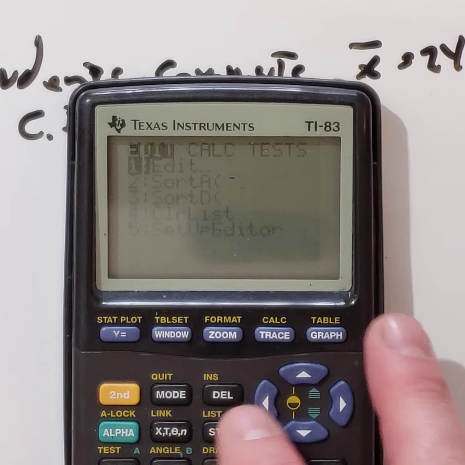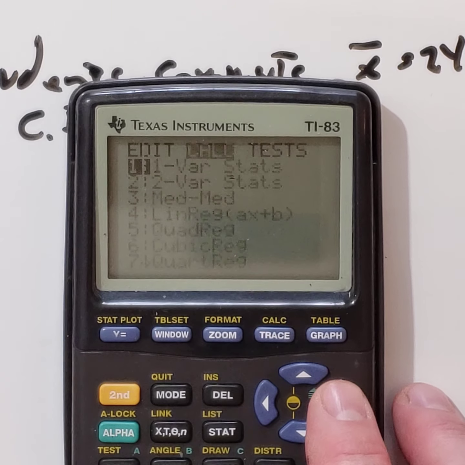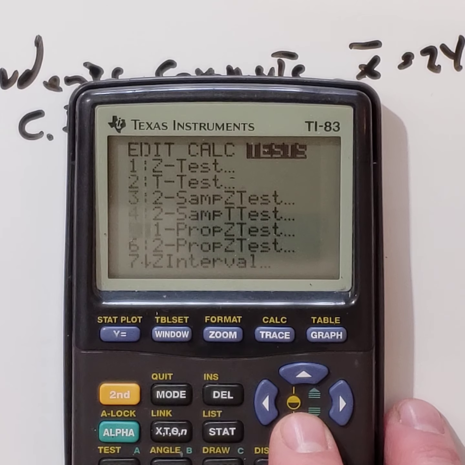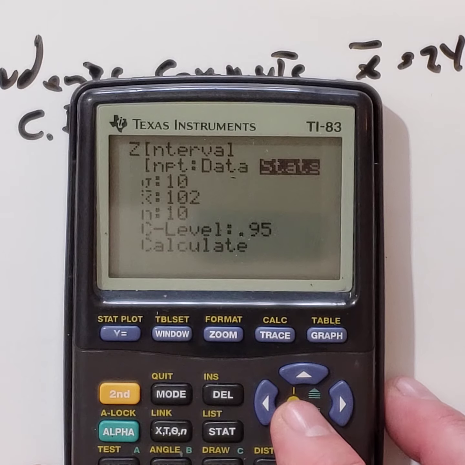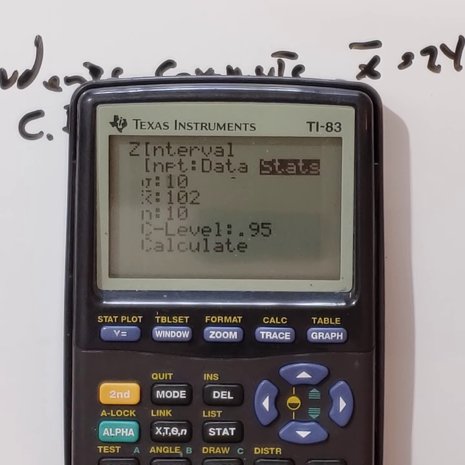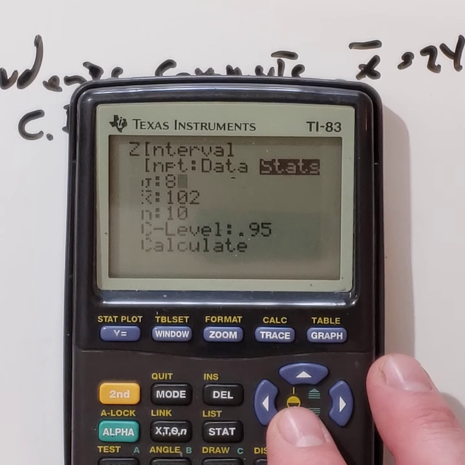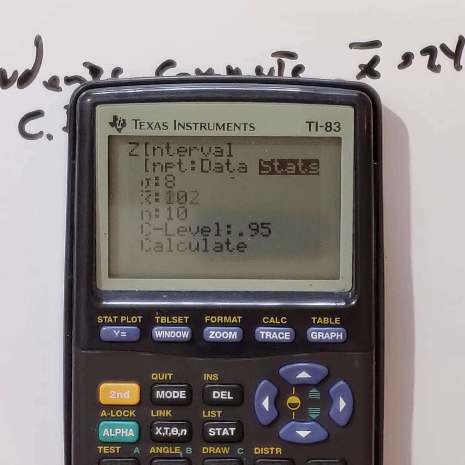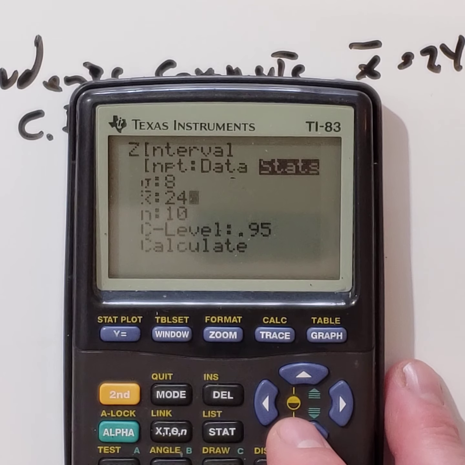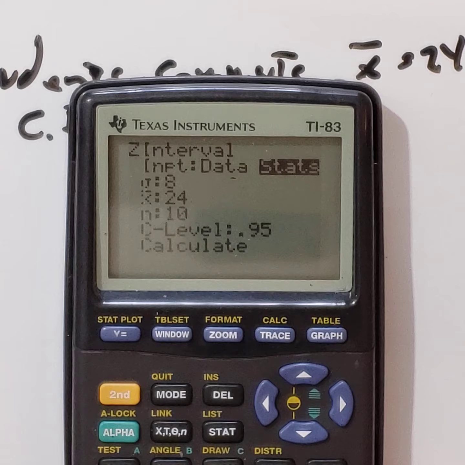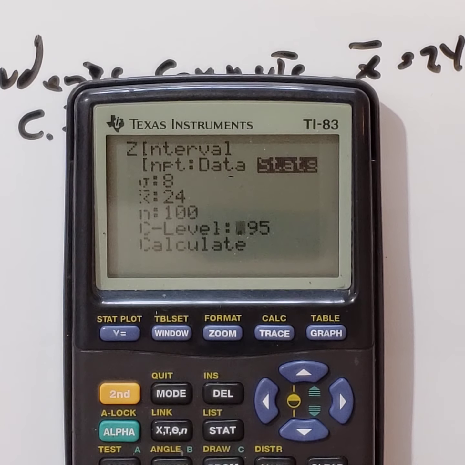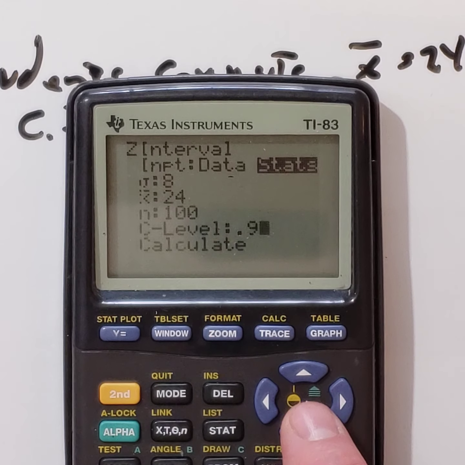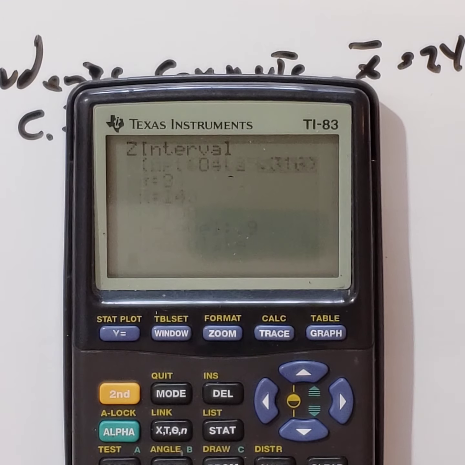We go to Stat, over to Test, down to Z interval, enter. And we put in our information. Our sigma this time, standard deviation is 8. Our X bar was 24, average 24-minute commute for the students. 100 students in the survey, and we want a 90% confidence level, so 0.9 there, and then calculate.